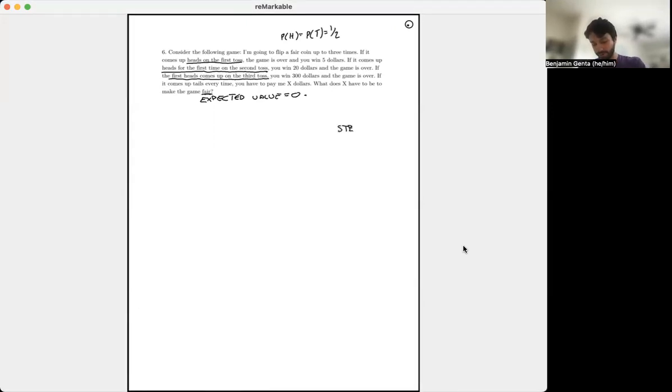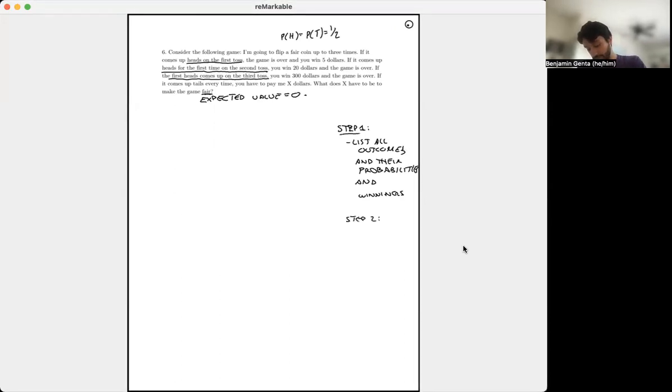So remember, let's rewrite. Step 1, we want to list all outcomes and their probabilities, and the winnings from each outcome. And remember, winnings can also be negative. That's step 1.